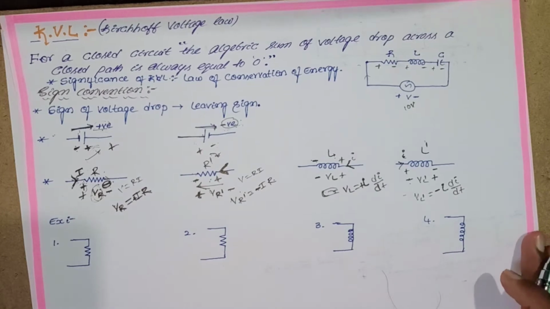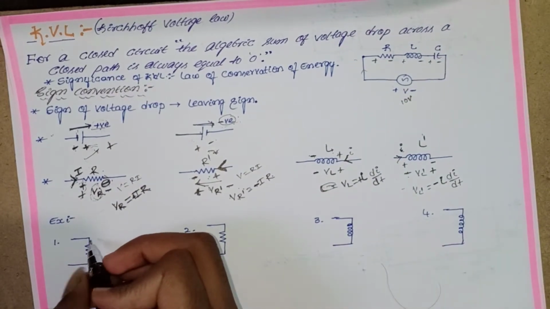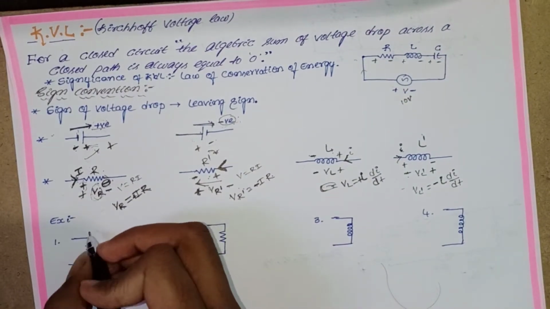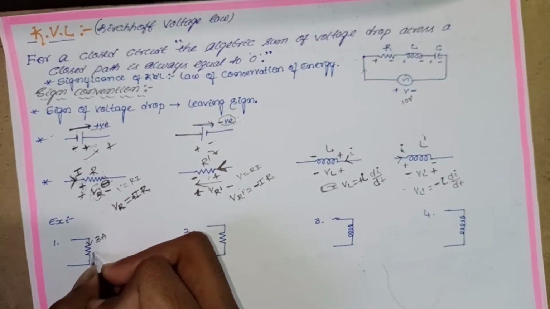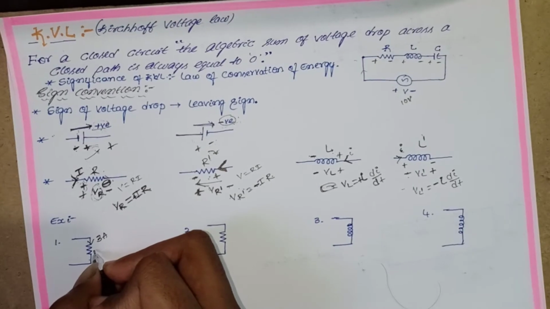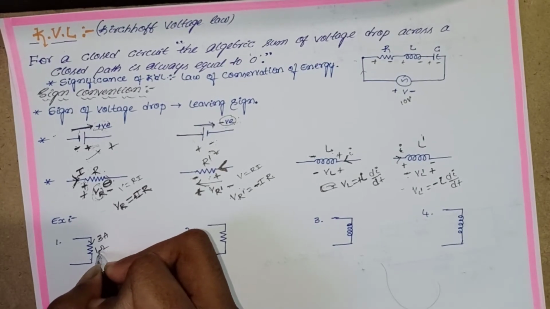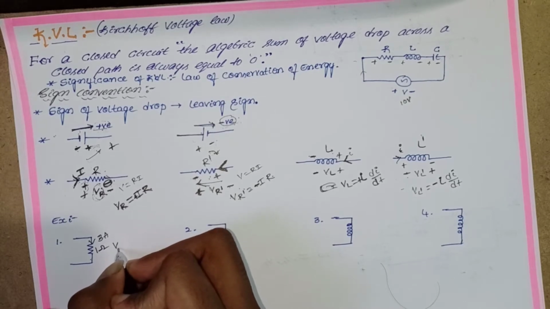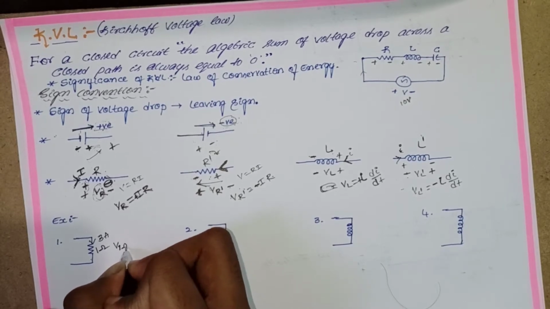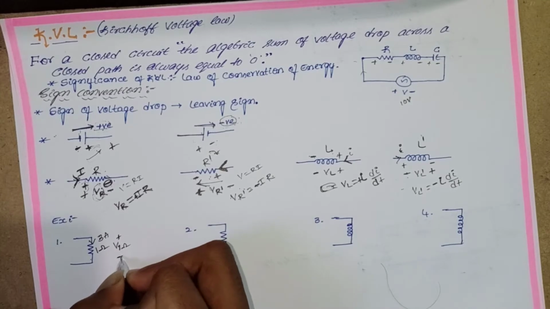Let's see some more examples. I consider one resistance with a current of 3 ampere passing and resistance 1 ohm, and the voltage drop V1 ohm. This is positive and negative.